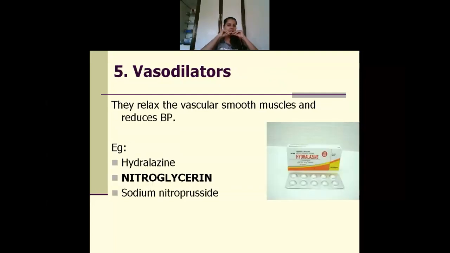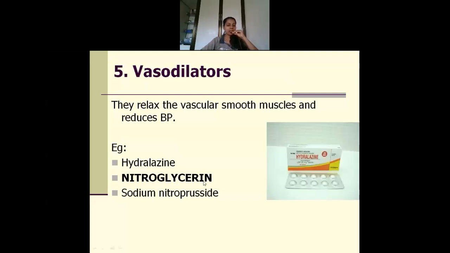Next classification is vasodilators. A very important classification, especially as you will study in myocardial infarction and angina. As the name suggests, it dilates the smooth muscle, that means it is relaxing the smooth muscle. Therefore, it will reduce the BP and reduce the cardiac output. Main examples of vasodilators are sodium nitroprusside, hydralazine and nitroglycerin.